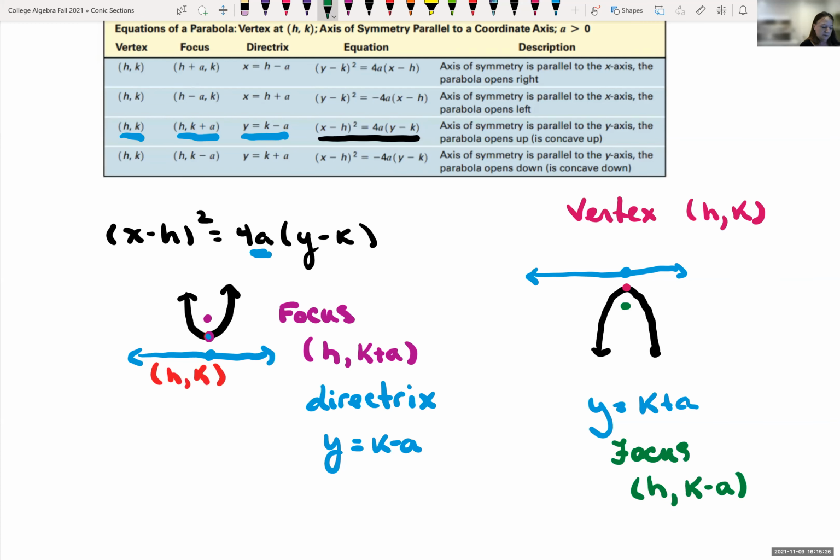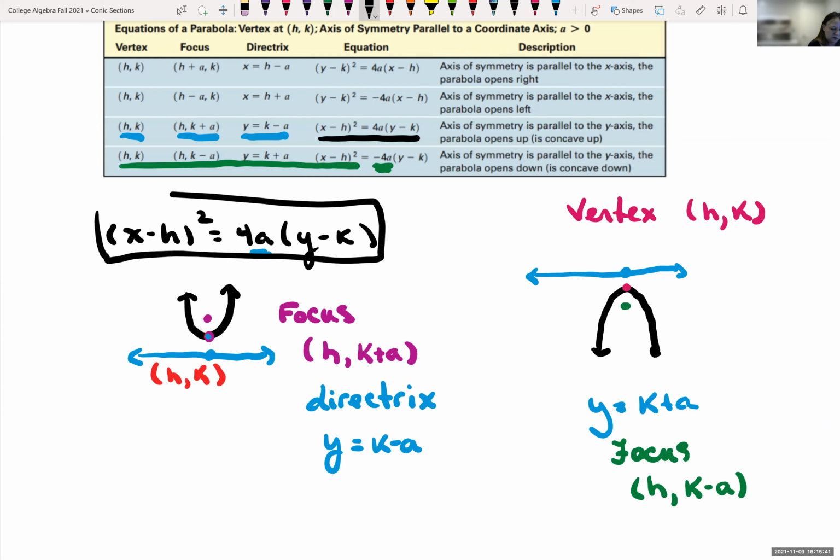And notice in this formula here that we're looking at, this has a minus sign in front. So it's almost identical to the other equation. The only thing that's different is there's a negative in front. So this would be (x minus h) quantity squared equals negative 4 times a times (y minus k).